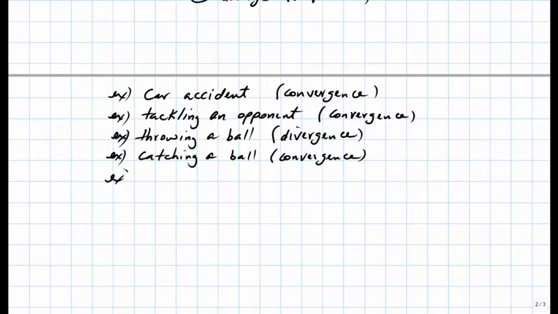An explosion is considered to be a collision. And of course, an explosion is a divergent event because the objects that were once contained now separate into many pieces.